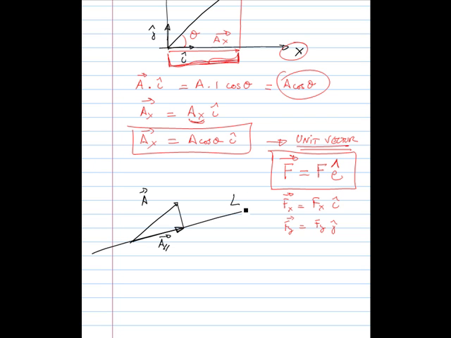How am I going to get this? Well, I can use the same technique. I know that if this is the angle between my two vectors, all I need to do to calculate the component of A which is parallel to my direction L, is to take my original vector A and dot it with the unit vector, which is a line along L of length 1, which I will call e.